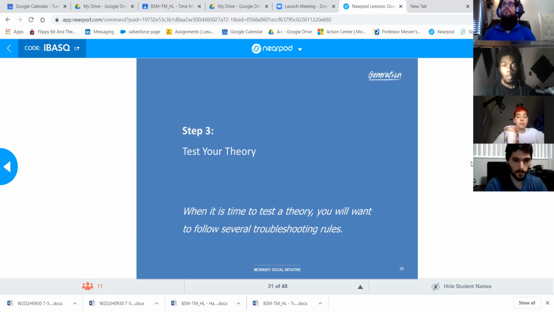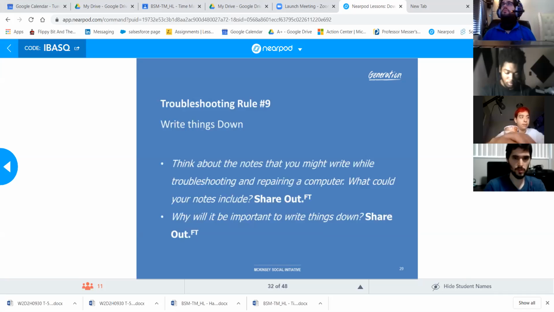When it's time to test a theory, you want to follow several troubleshooting rules. First, rule number 9, write things down. We need to get catching on to this thing.